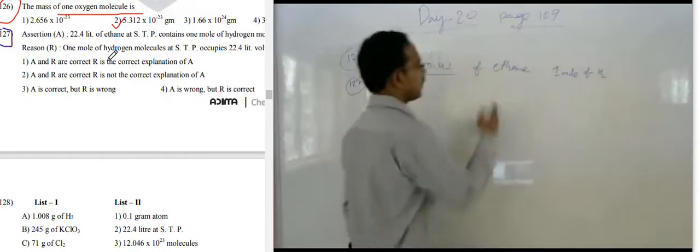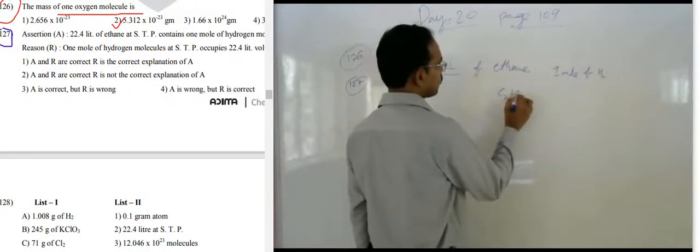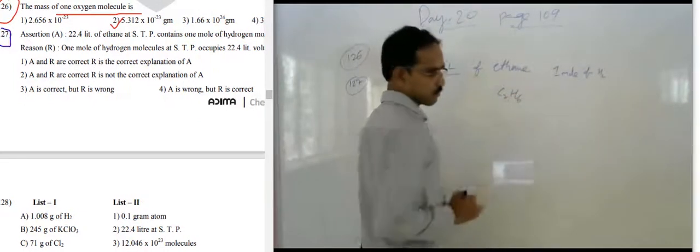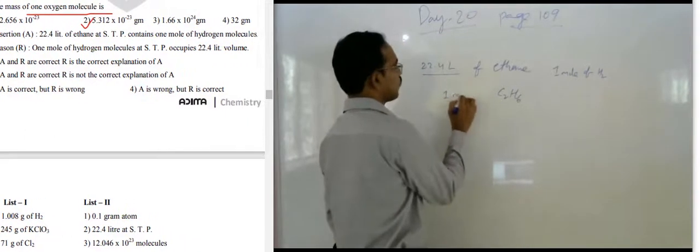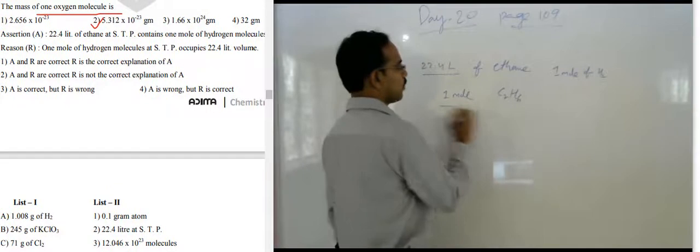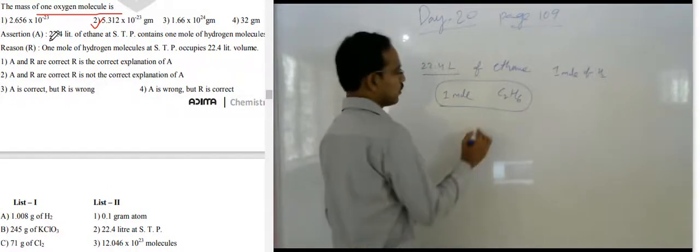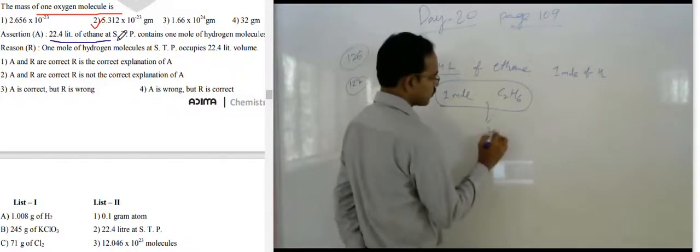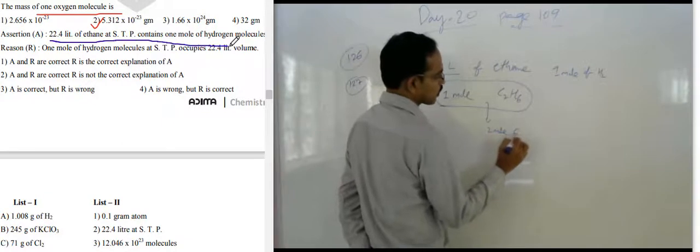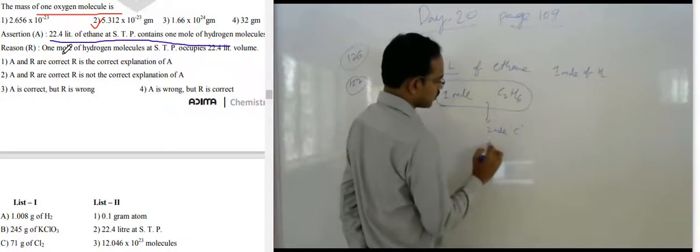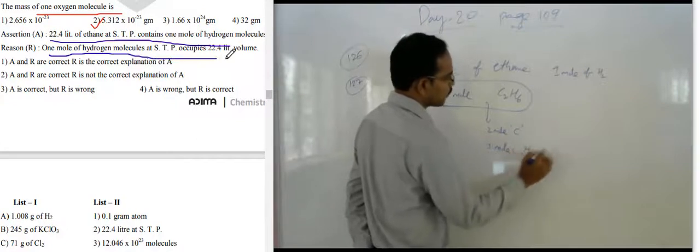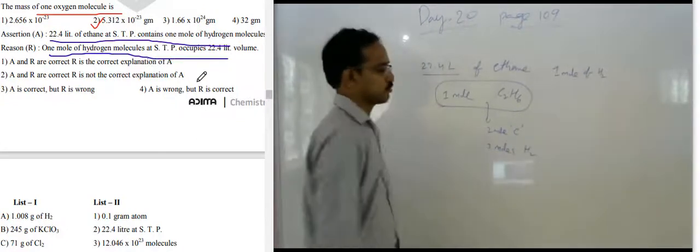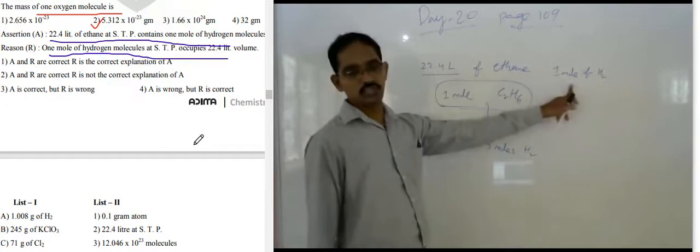Once you will see, ethane means what? C2H6. 22.4 liter means 1 mole. In 1 mole, how many carbons are there? 2 moles carbon is there, and 3 moles hydrogen gas, H2, is there.